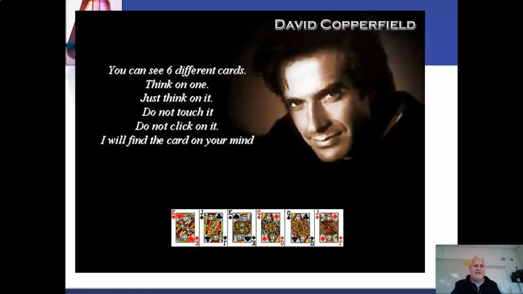All right, here's a fun David Copperfield card trick. There are 5 cards down there. I want you to pick one, and that's your card. I'm sorry, of the 6 cards. So there are 6 cards. You pick one. That is your card.